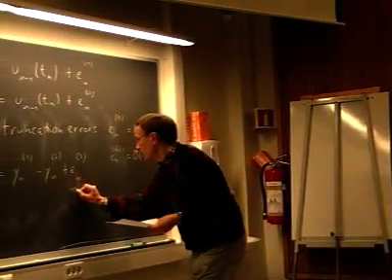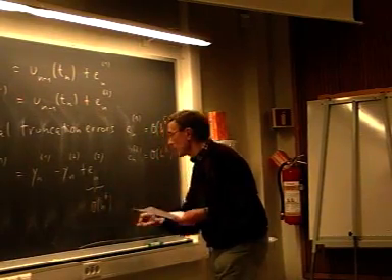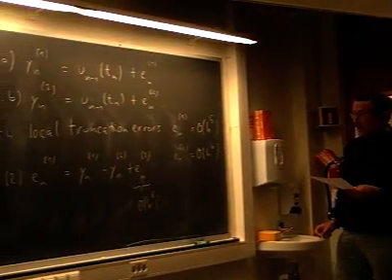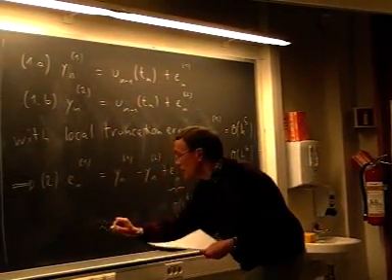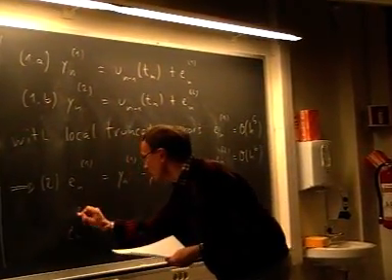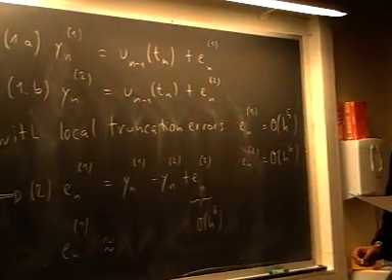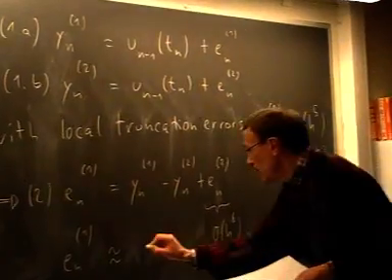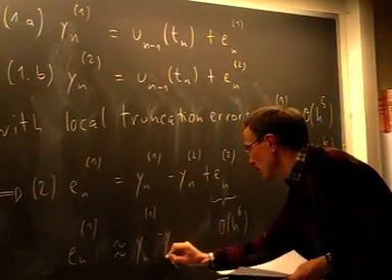And this now is, as we saw, order h to the power 6. So that means we approximate the local truncation error of the first method by simply the difference of the two solutions.